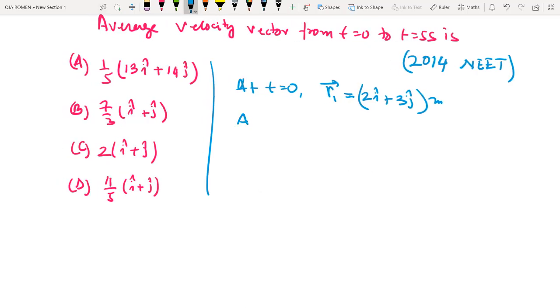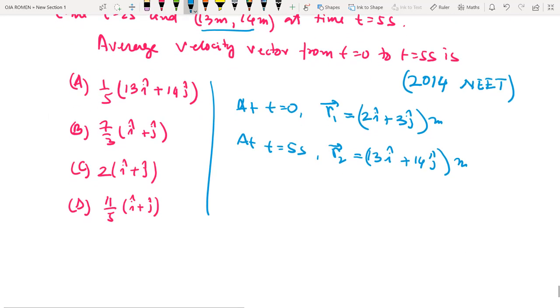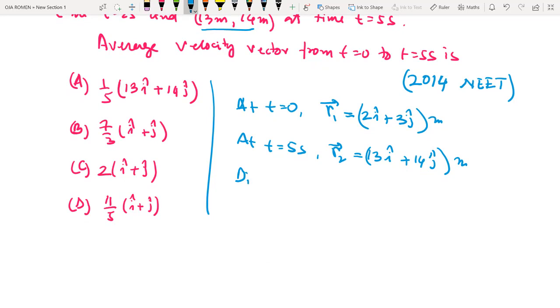At t equal to 5 seconds, the position vector is 13i plus 14j meter. So displacement r equal to r2 minus r1.